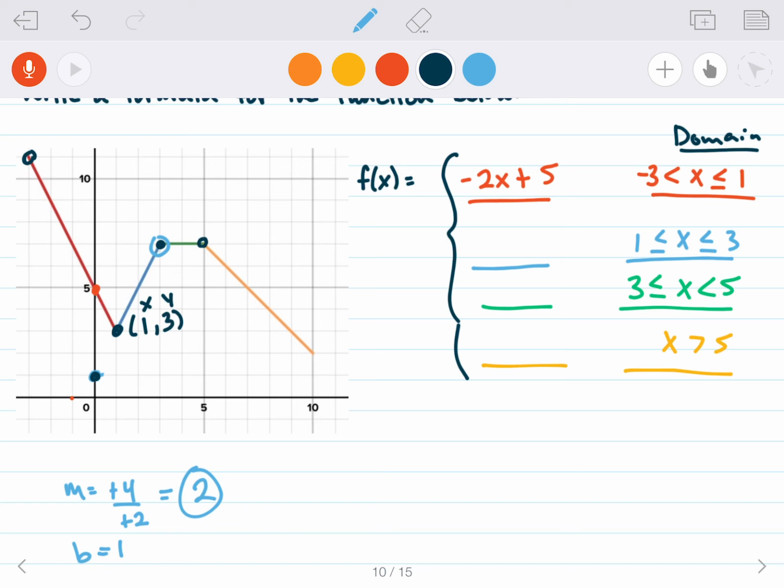You could have used x is 1, y is 3, and m is 2. Plug all of this into y equals mx plus b and solve for b, and you would get the same answer. So we found that our slope was positive 2, and we see that our b is positive 1.